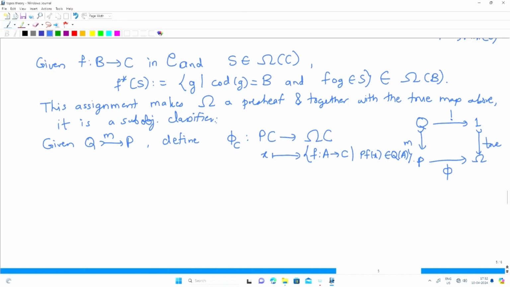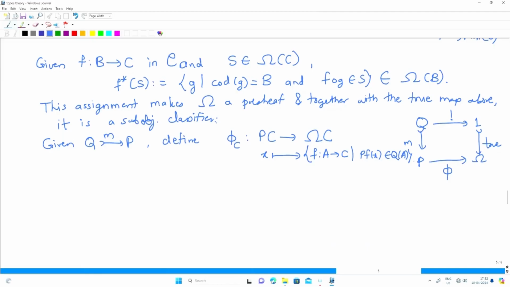F is a morphism from A to C, so P F goes from P C to P A. But what we are asking is that P F of X is an element of Q A. The collection of all such morphisms, you can show it to be a sieve. So this will be a sieve and therefore it is an element in omega C.